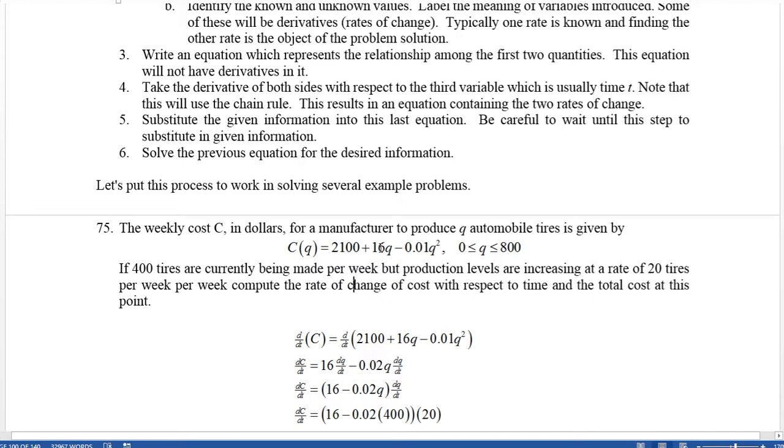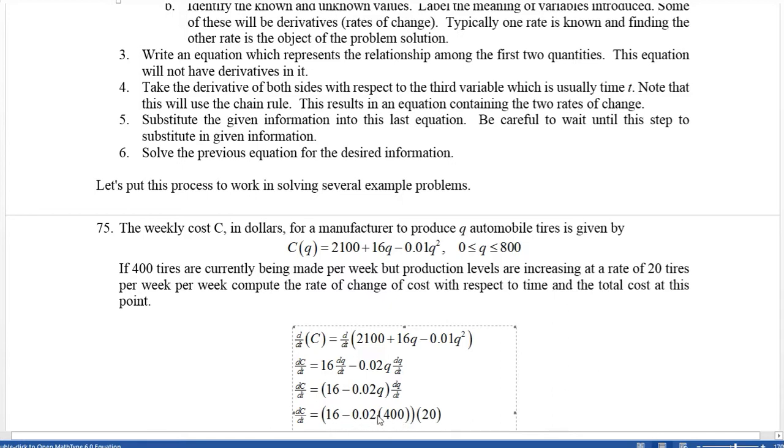That's a quantity, so that goes in place of the Q right here. But the production levels are increasing at 20 tires per week. So the 20 tires per week is the change in the weekly quantity over time. So that's dQ over dt.